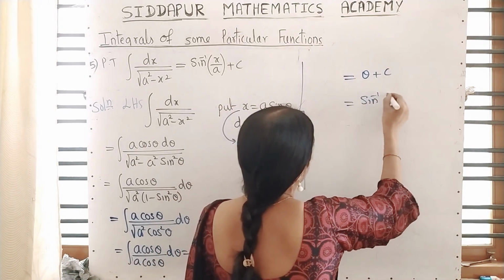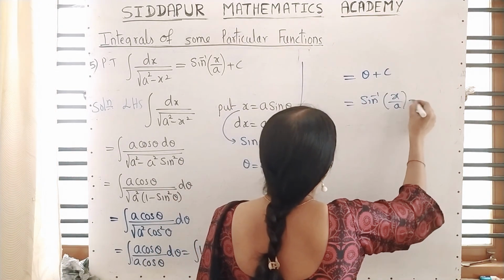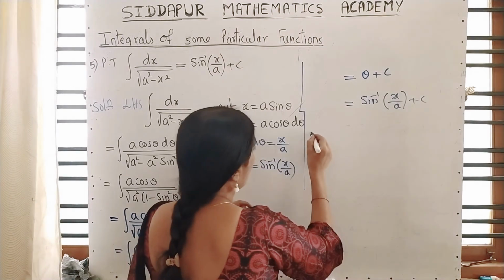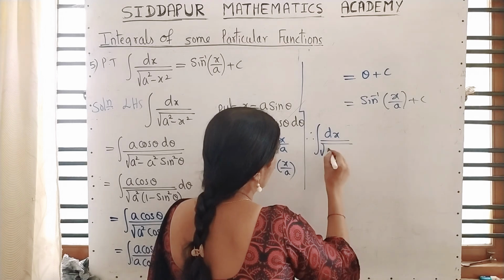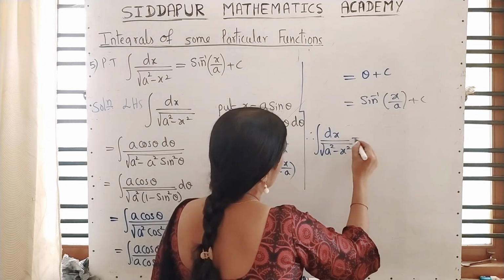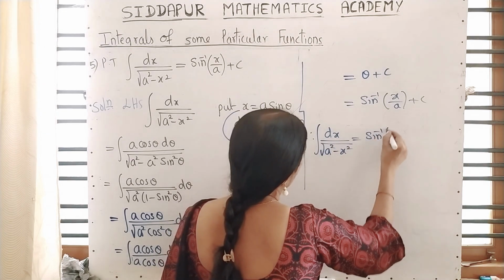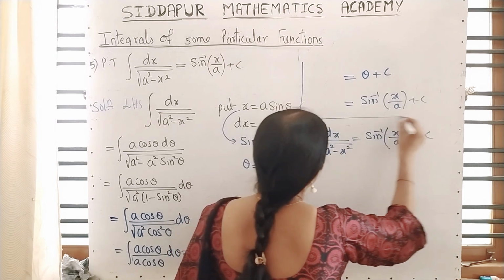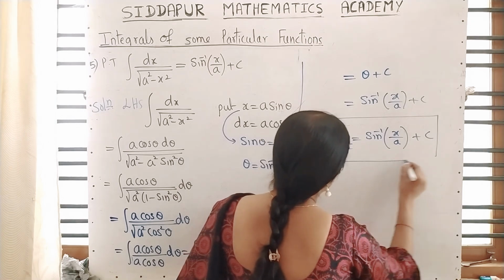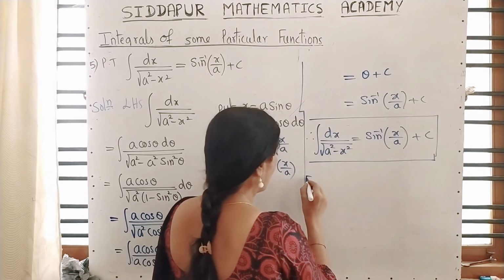This is sin inverse x by a plus c. Write down the formula. Therefore, integration of dx upon root of a square minus x square is equal to sin inverse of x upon a plus c. Write down the example here.